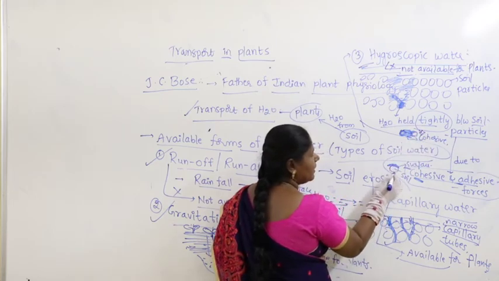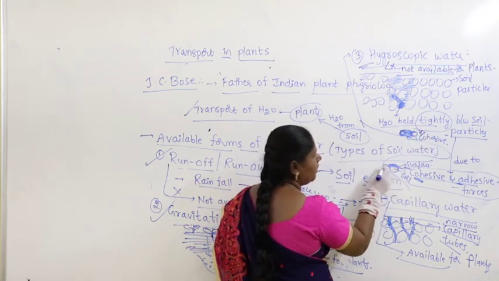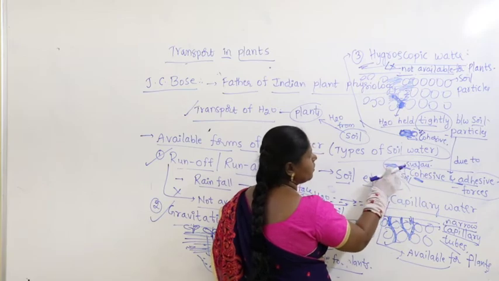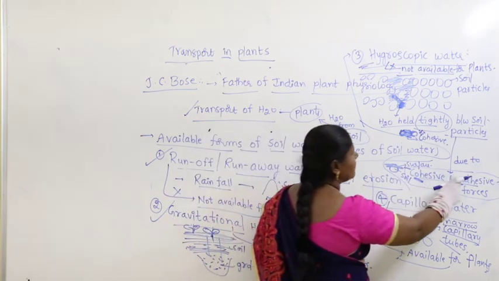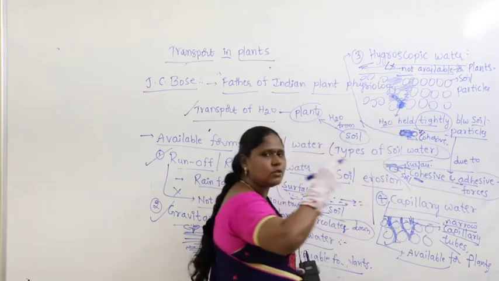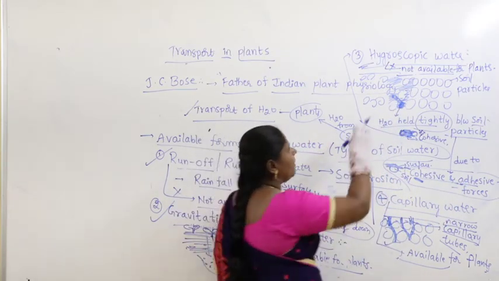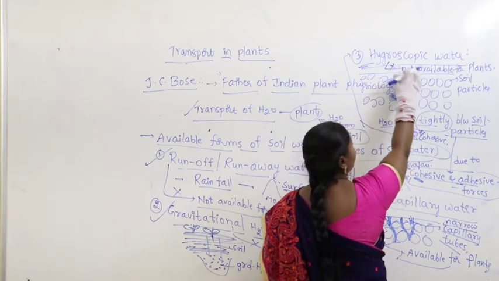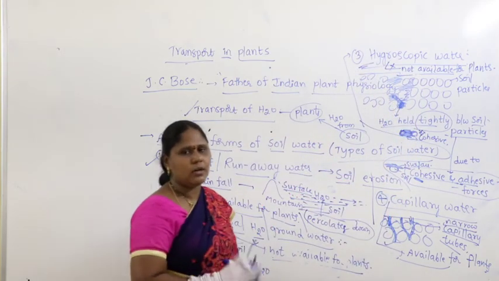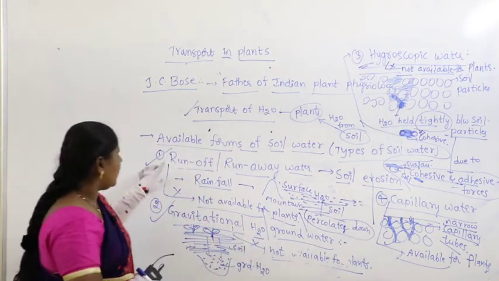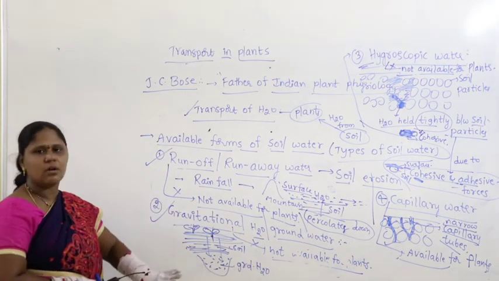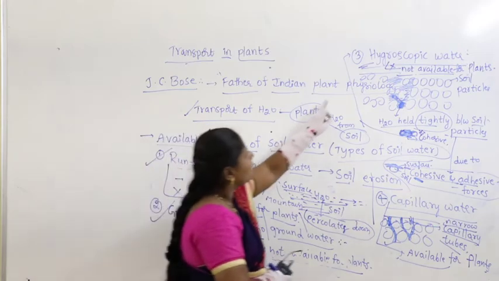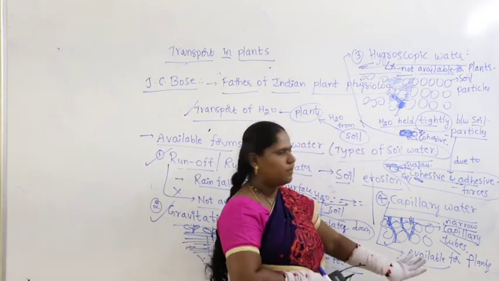And between the soil particle and the water, the force that exists is called adhesive force. Because of these forces, water is held so tightly that plants cannot make use of hygroscopic water. Remember one thing: runoff water, gravitational water and hygroscopic water are not available for plants.